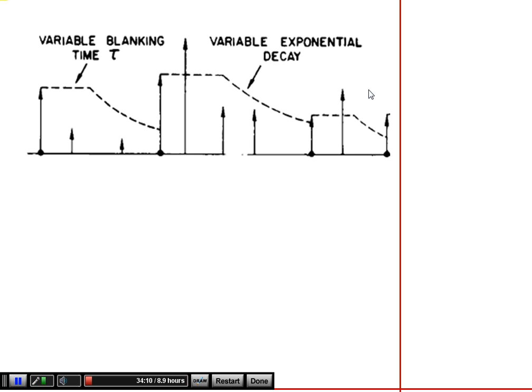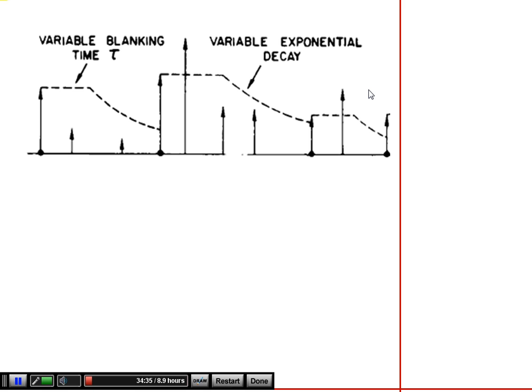Then you come here, and after your tau time, the blanking time, has expired, what does the algorithm say? You will immediately start with an exponential decay, some y raised to x. We don't know what y is, we know x as the samples. And now what you're saying is that immediately after that, you get a pulse. That's fine.